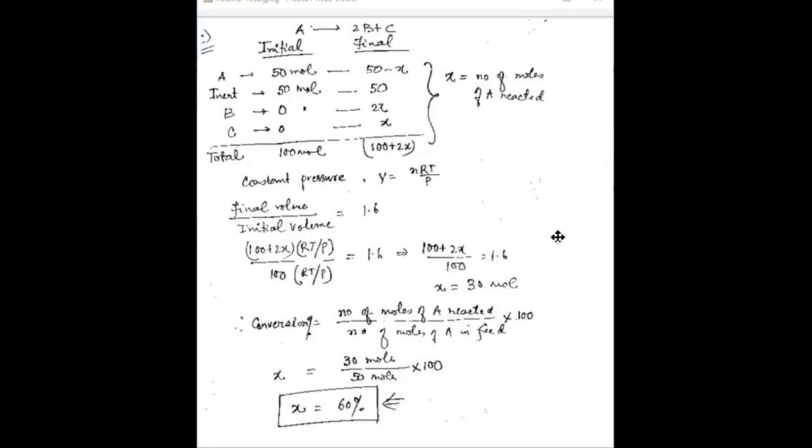So this will be the answer. The 60% should come here.